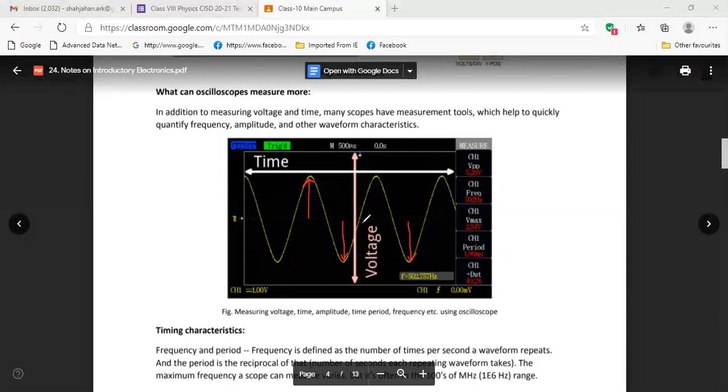In general wave properties we learned this in Class 9. So we have upper amplitude and lower amplitude. Voltage for the upper amplitude is positive, for the lower amplitude it is negative. It is alternating voltage, isn't it?